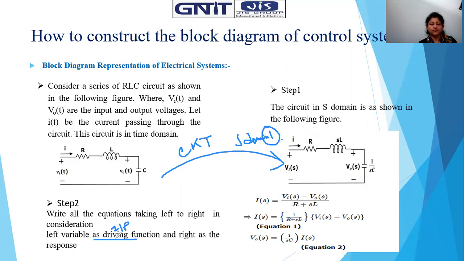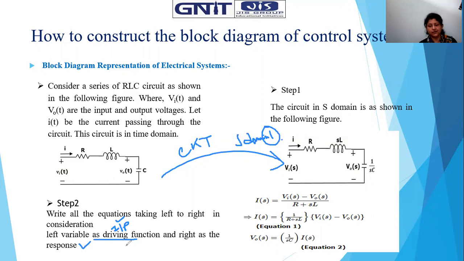So any input signal will be considered as the driving function, and any immediate right-sided signal will be considered as a response. In this way, for each and every input we have to identify each and every response, and what is the cause and what is the effect.